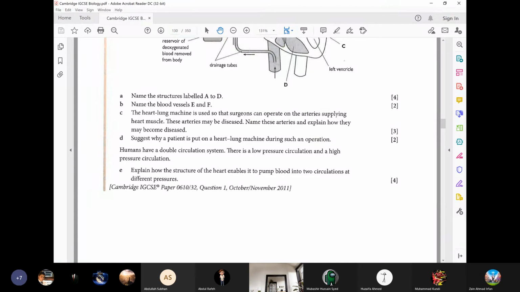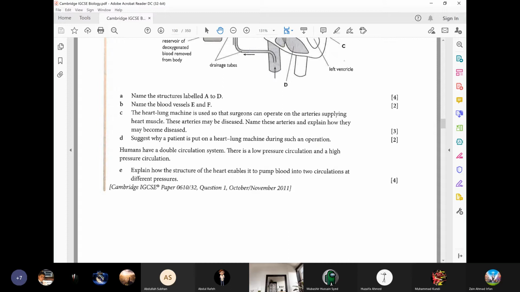How does the heart enable the blood to be pumped in two different directions with different pressures?